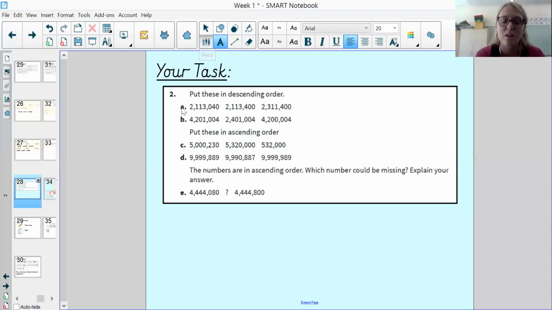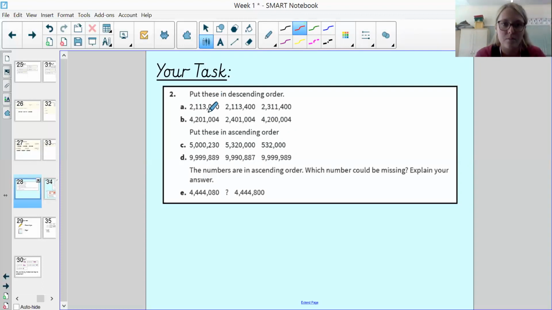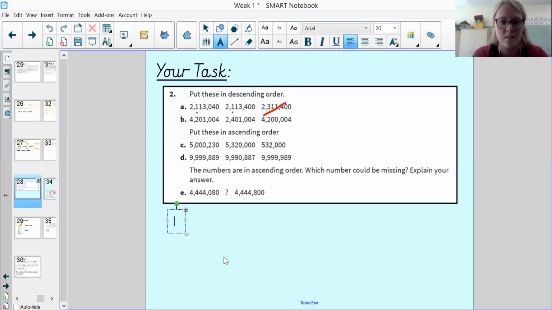So again, we know we can't compare the millions because they're all the same. So looking at the 100,000s, we've got 100,000, 100,000, and 300,000. So we know that this one here is our largest number. So that one, I'm going to cross it off to tell myself that I've used it. Okay, so for A, the biggest number in the order would be 2,311,400. So then we've got these two to compare.